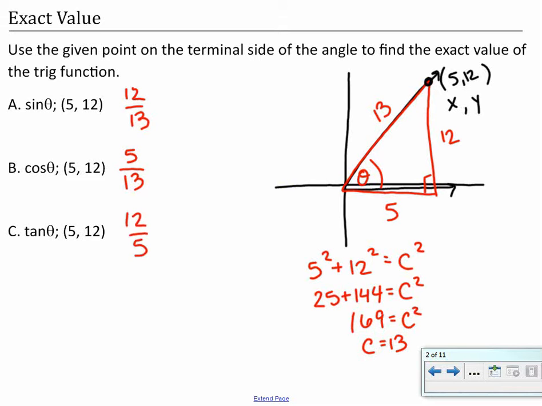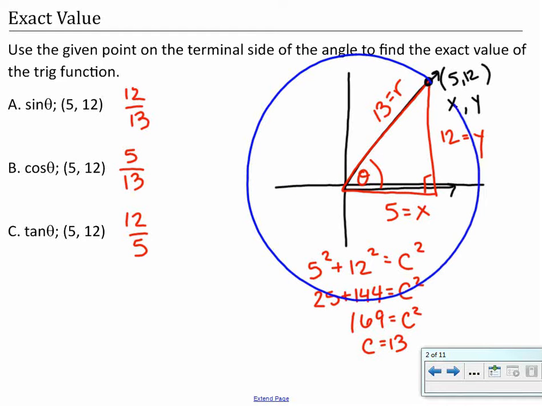Now if you look at this triangle, this 5 is my x, this 12 is my y. When we're talking about trigonometry on a coordinate plane, the hypotenuse is always my r value, or my radius, meaning if I took this point and drew a circle around it so that the point was on the outside of the circle, this hypotenuse here would represent the radius of the circle.